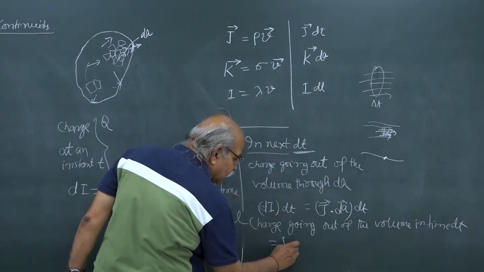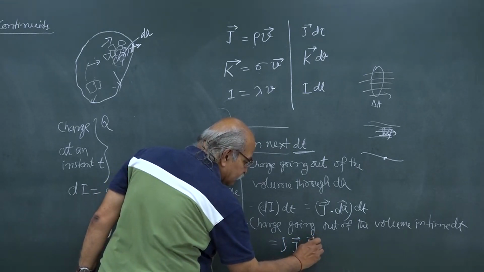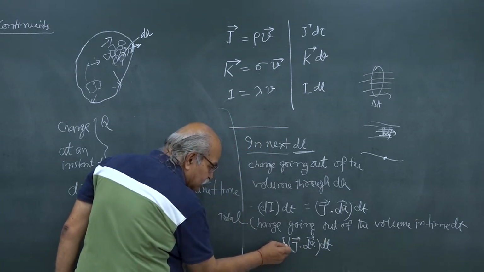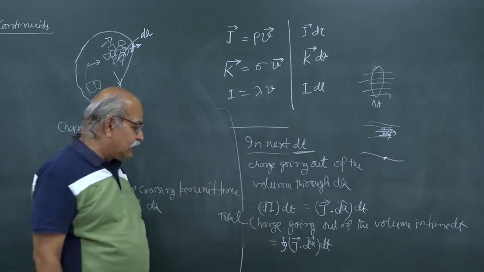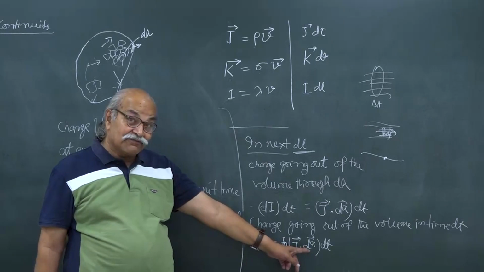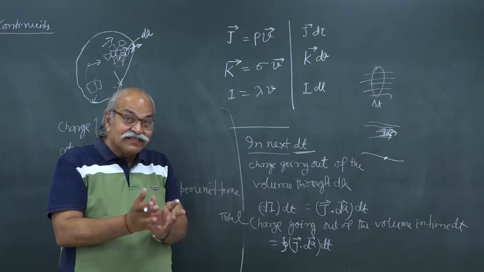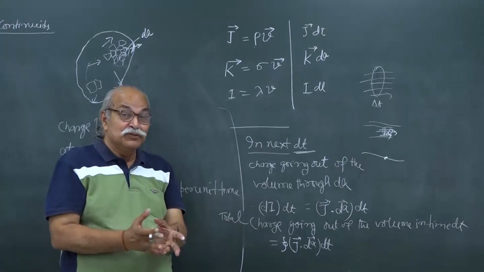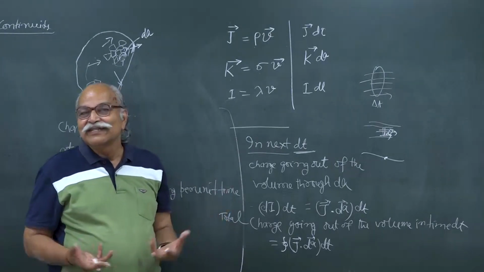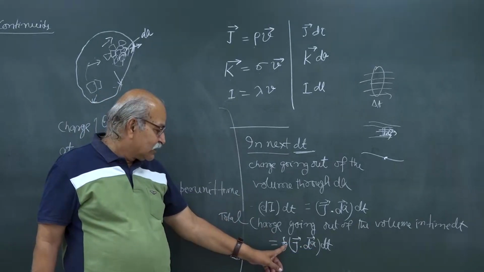So it is the integration of J dot dA and then dt, and then we put a circle on this integration sign to tell that our surface is a closed surface, because it is enclosing a volume. You also have open surfaces, but open surfaces will not enclose any volume. So, this is a closed surface and therefore we are putting this circle here.